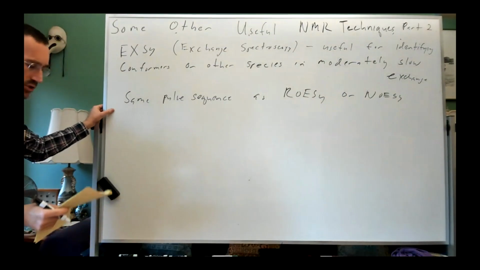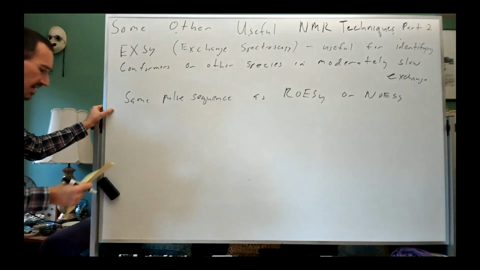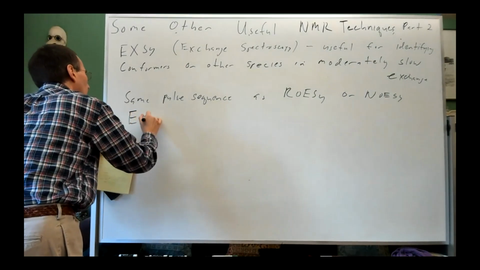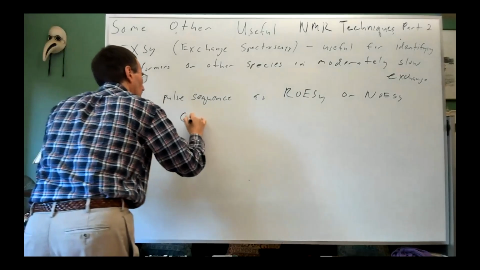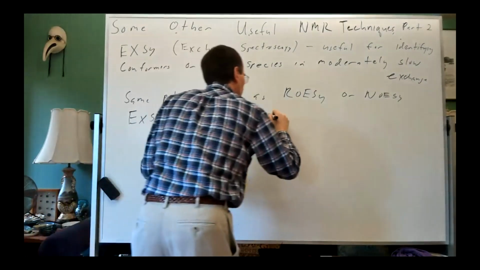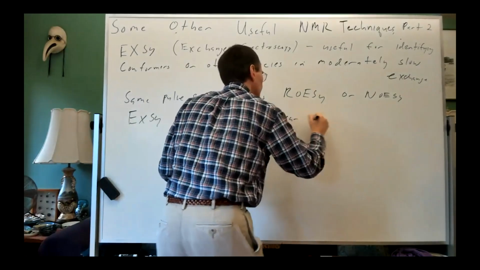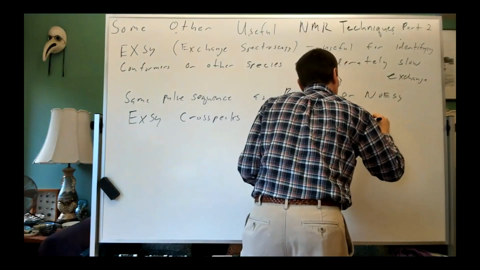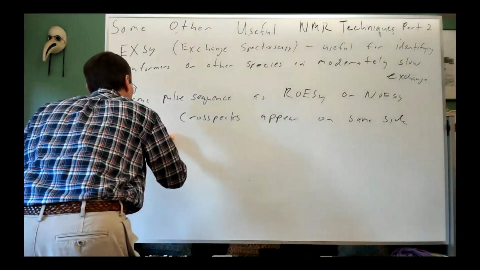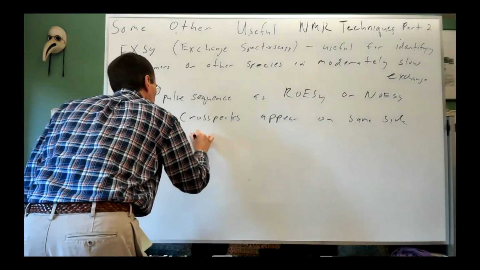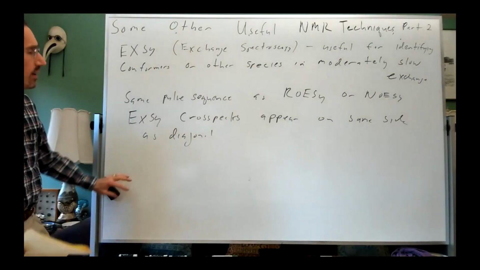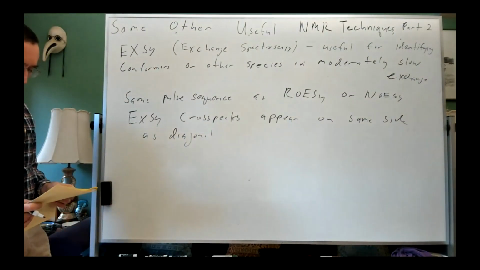And the exchange cross peaks appear on the same side as the diagonal. And all of this will make more sense when I give you a concrete example.